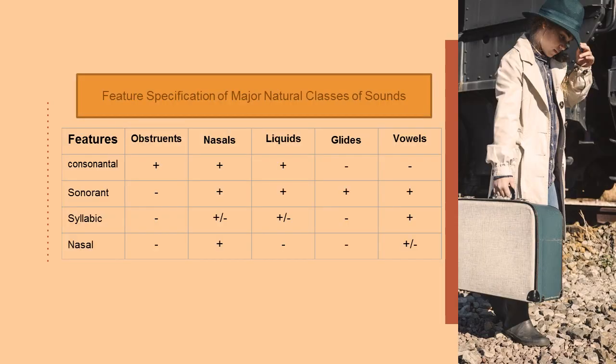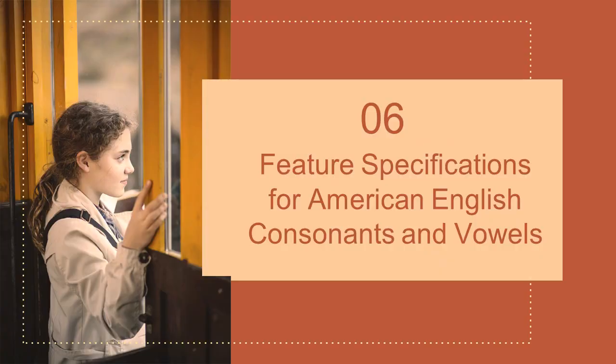These are the feature specifications of major natural classes of sounds. This table shows the symbol plus means that the feature occurs. For example, in glides, there is a plus in sonorant, and the minus means that it's not there. The next, feature specification for American English consonants and vowels.